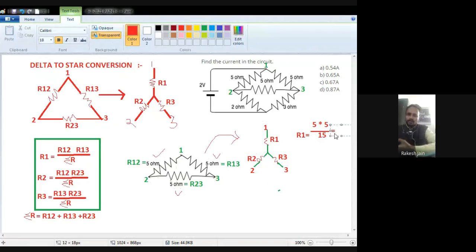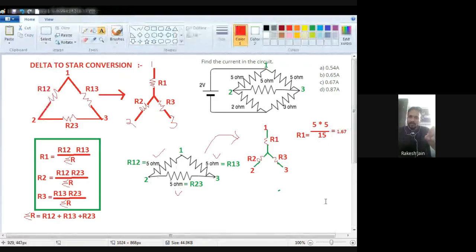So 5 plus 5 plus 5 is equal to 15, so the answer for this first resistance will be 5 divided by 3, and that will be equal to 1.67.